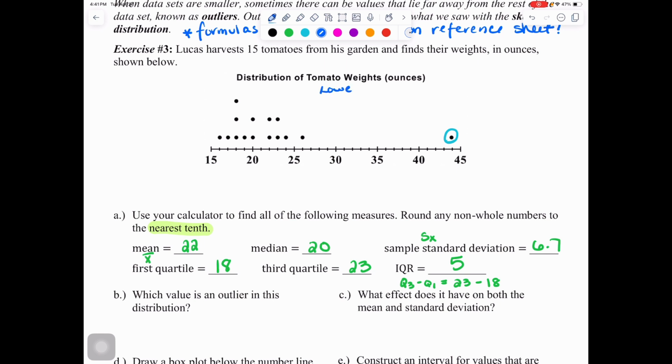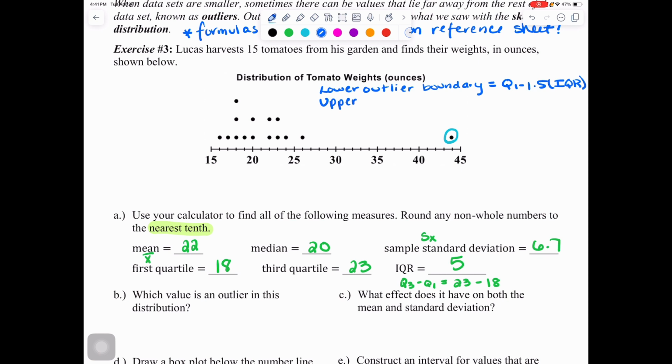So to find the lower outlier boundary, we are going to do Q1 minus 1.5 times the IQR. IQR, obviously, because this is skewed, right? And that formula is right on your formula sheet. We're just getting it down here so you know this is where you would use it.